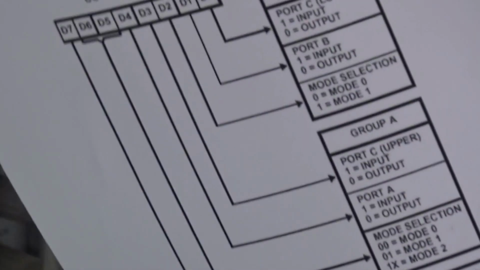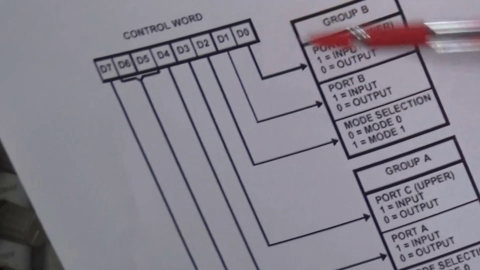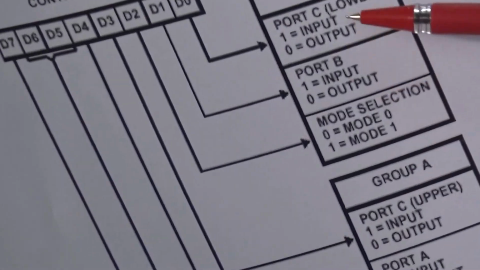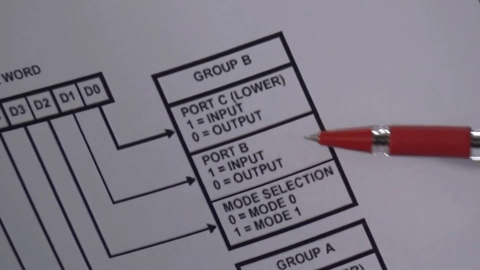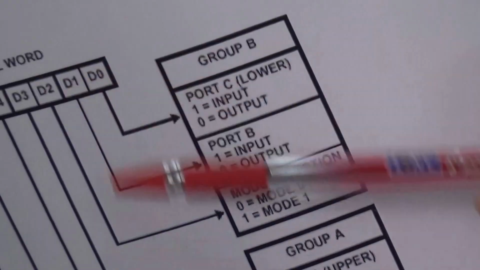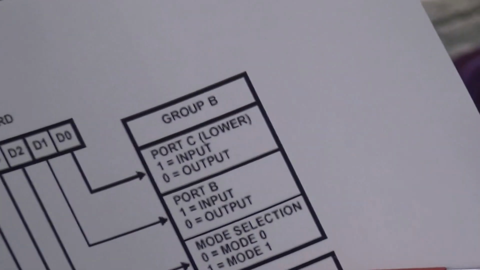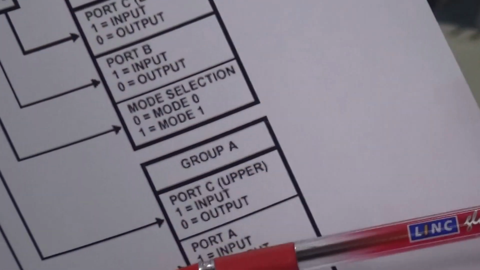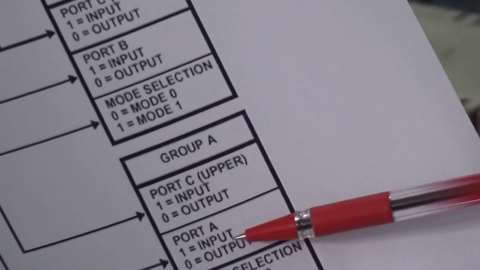The word you write here is a control word. You can use the D0 bit for group B, port C lower, and the D1 bit is for port B, D2 bit is for mode selection, whether you want mode 0 or mode 1, and D3 is used for port C upper. If it is 1, it is input. If it is 0, it is output.